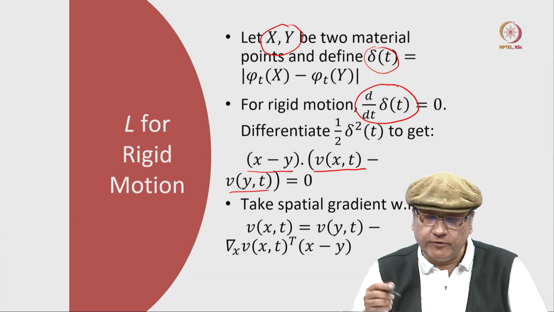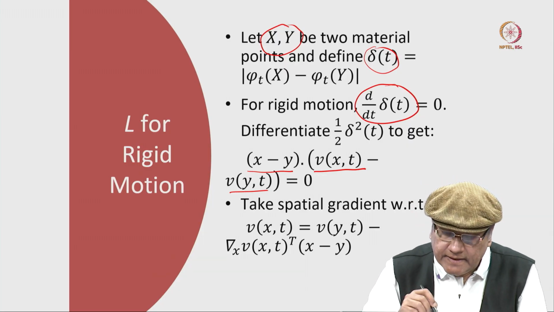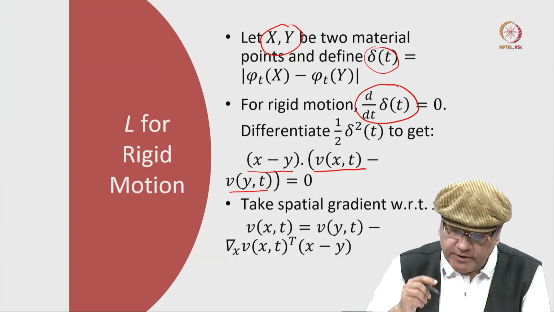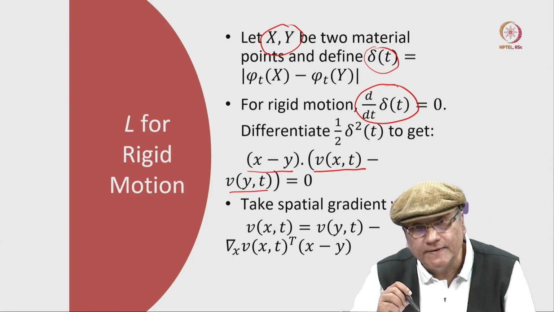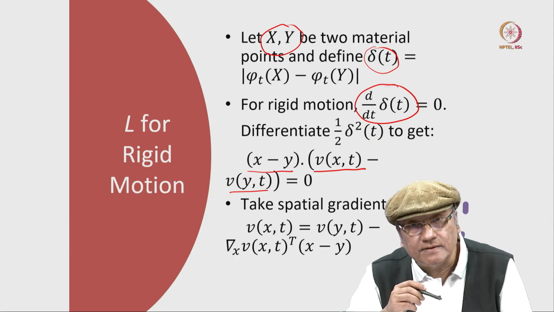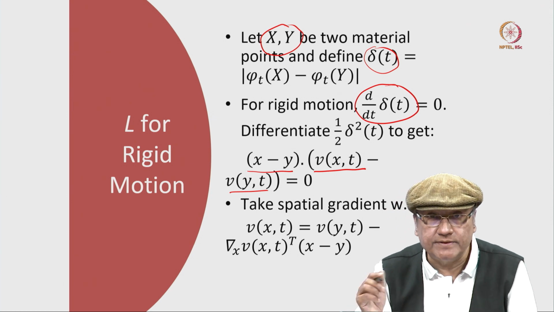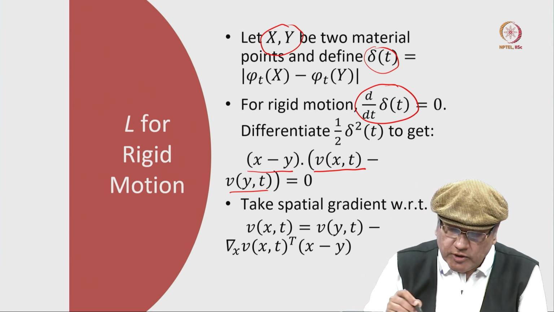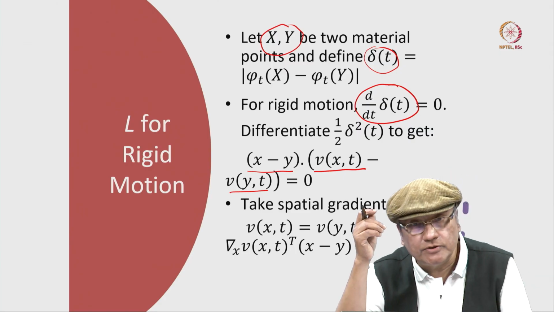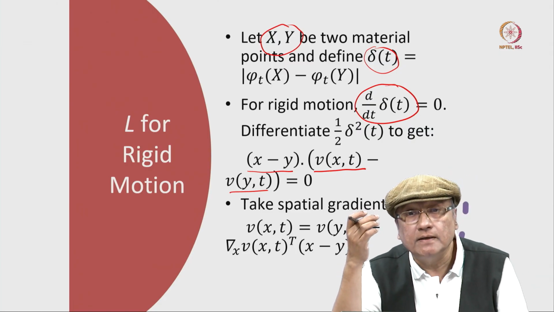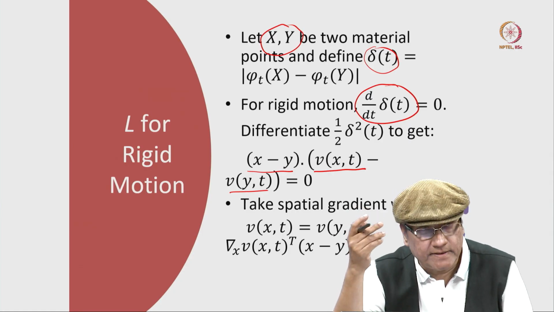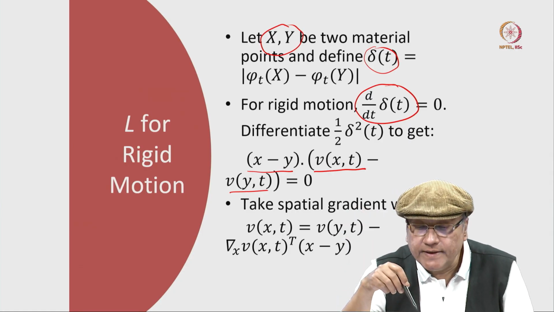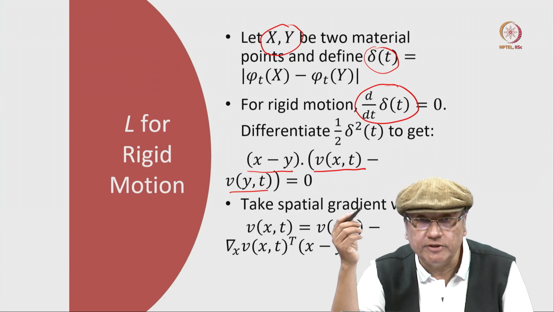So, you see that for rigid body motion, the distance vector between 2 points in the spatial configuration is actually perpendicular to the difference of velocities at these 2 points. Now, we can actually go further down with it to show more things regarding what happens to the deformation, the L, that is the velocity gradient, when the deformation is completely rigid.